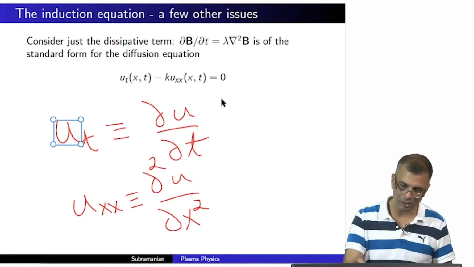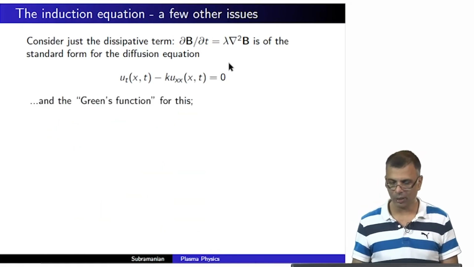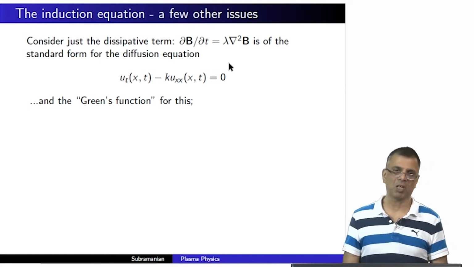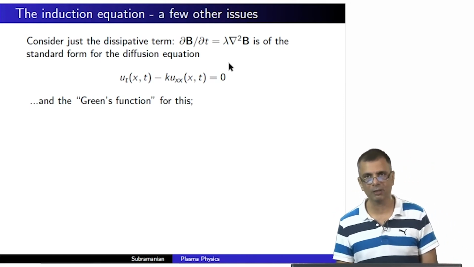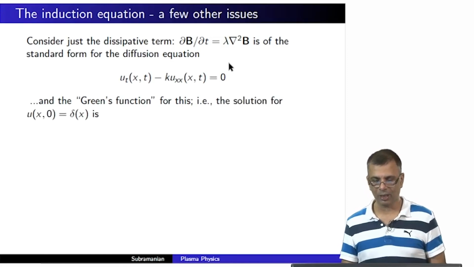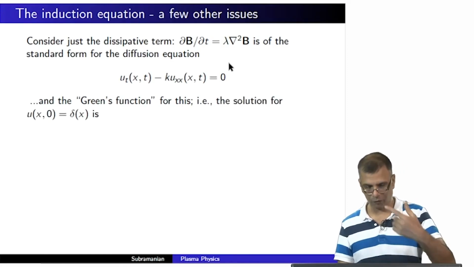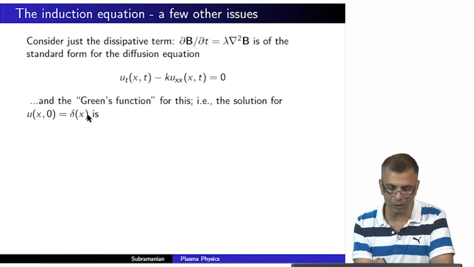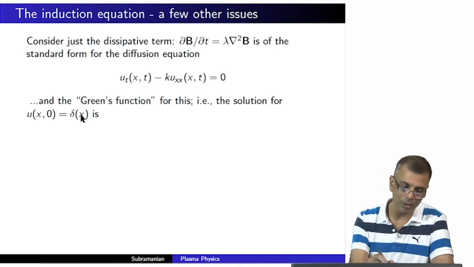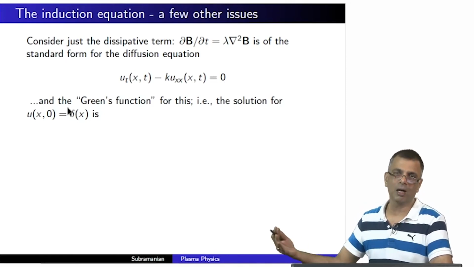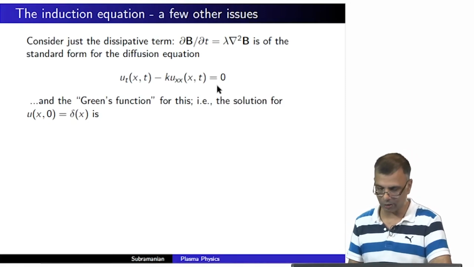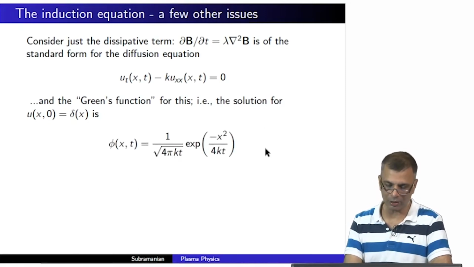So, this is a standard diffusion equation, and the Green's function for this, you can think of as the response to a delta function excitation. In other words, at time t equals 0, you have a delta function injected, and you want to see how this excitation proceeds with time. That is what the diffusion equation is going to tell you, and the solution is this.